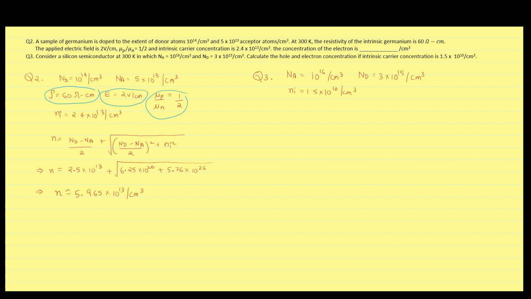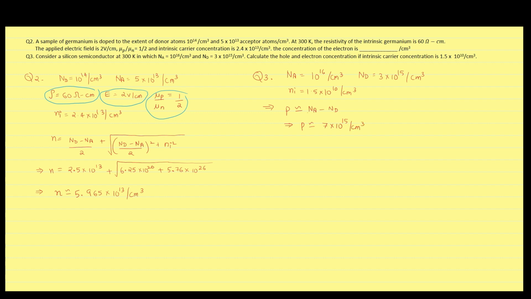Doping concentration is significantly greater than intrinsic carrier concentration. Therefore, the low level injection condition is valid here. So, the hole concentration will be approximately equal to Na minus Nd, which is 7 into 10 raised to the power 15 per centimeter cube.